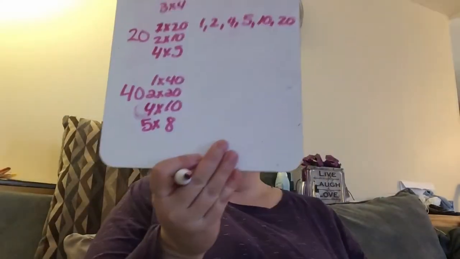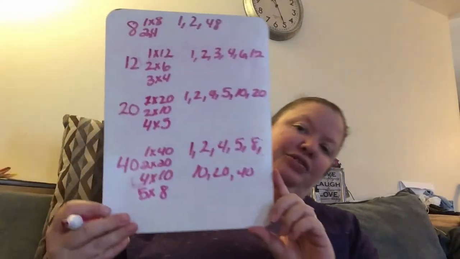No. 4 times 10, 5 times 8. And so that last one is 1, 2, 4, 5, 8, 10, 20, and 40. Okay, so those are all of the factors for all those numbers.